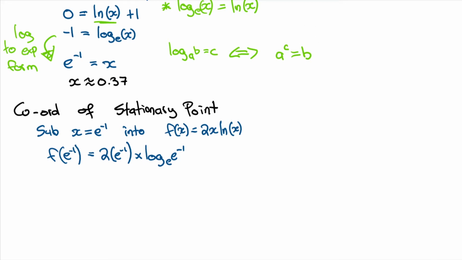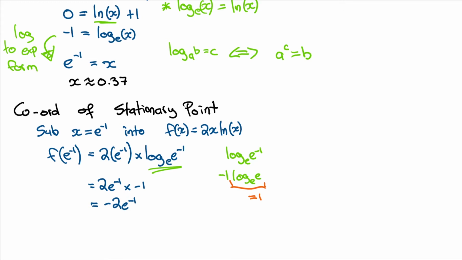This is because when I've got the log base e of e to the -1, I might write it over here, log base e of e to the -1, I can bring that -1 down to the front, and so I've got log base e of e, and this thing itself is equal to 1. So what I've actually got here is 2e to the -1 multiplied by -1, and that is going to equal -2e to the -1.